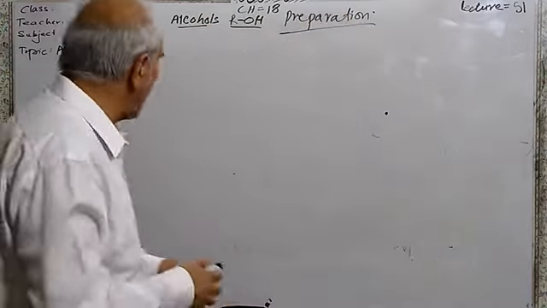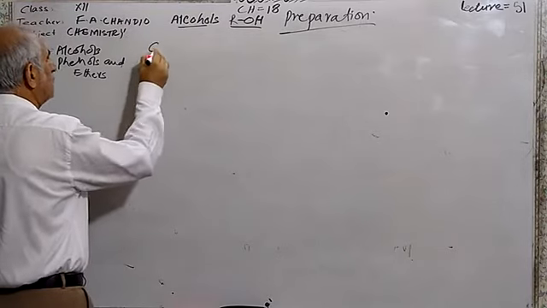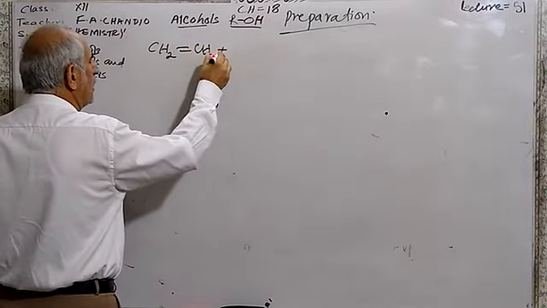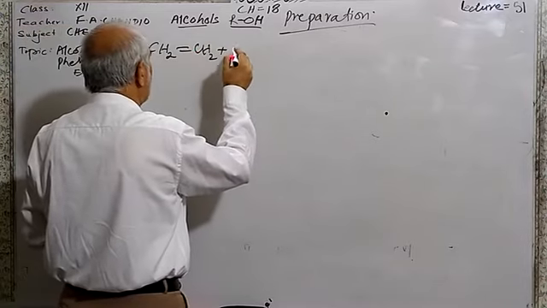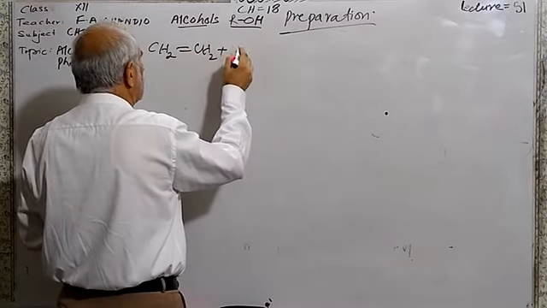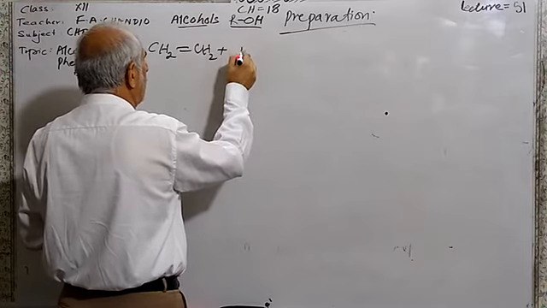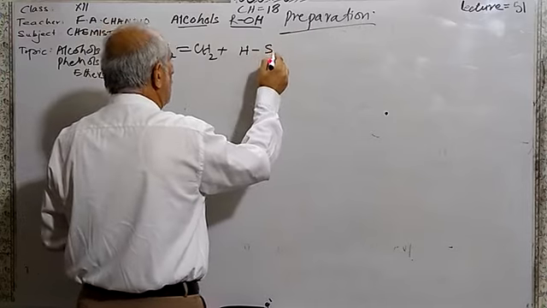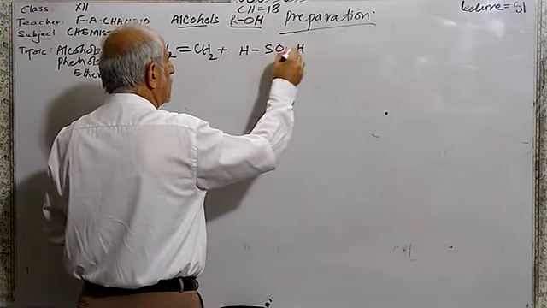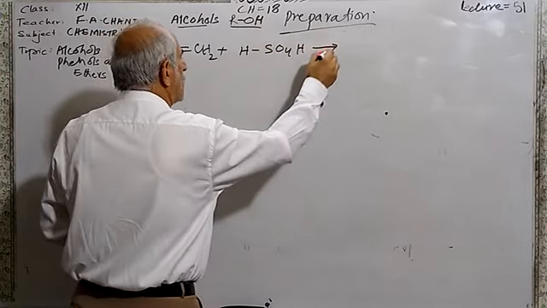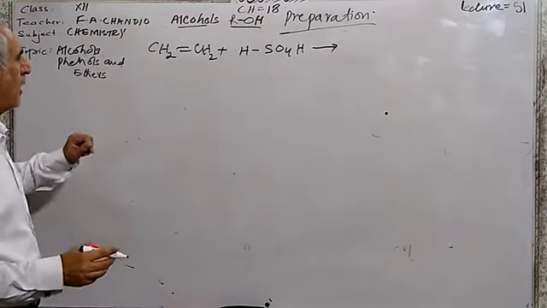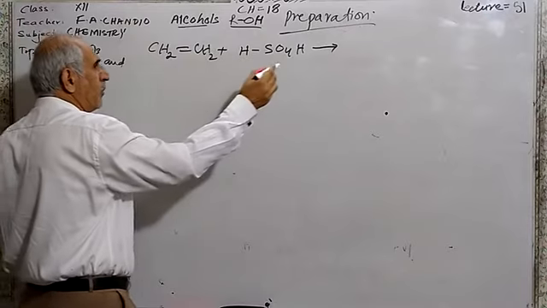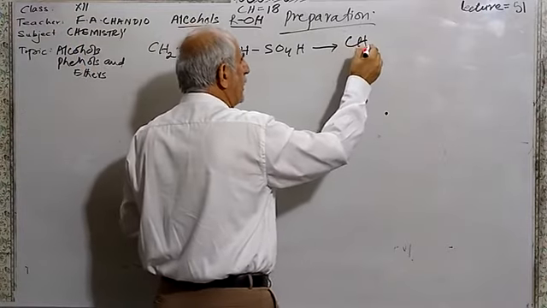So dear students, we have the alkene here, ethene, plus sulfuric acid, giving ethyl hydrogen sulfate. In the first step, only the hydrogen is going to be attached to the carbon, and the double bond is removed.